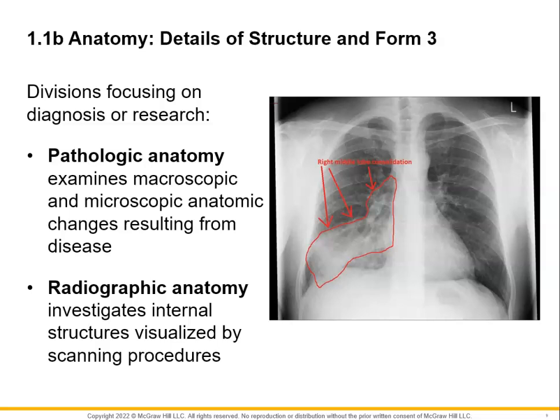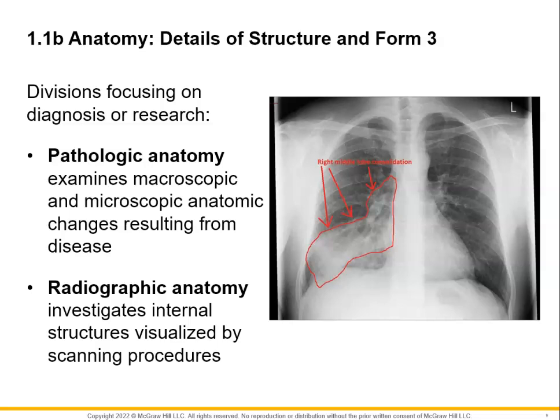Anatomical divisions that focus on diagnosing illness or disease, or research to try to find cures and treatments for those, include pathological anatomy, which looks at the big picture, macroscopic, as well as the things we can't see, microscopic changes that happen when we have a particular disease.